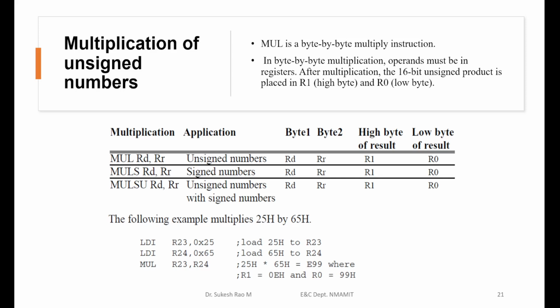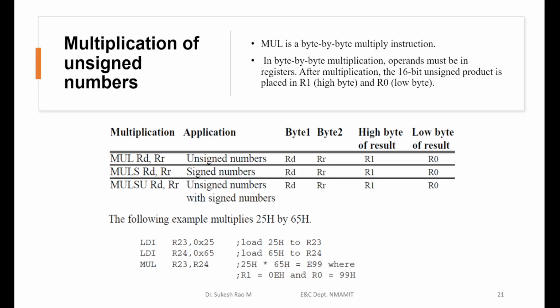When you are multiplying two numbers here, mul rd comma something, let's see an example. Whatever the registers are, the result will always be stored in R0 and R1. That's the important thing you need to consider. R0 and R1 will be having the results. Take a closer look at this example.